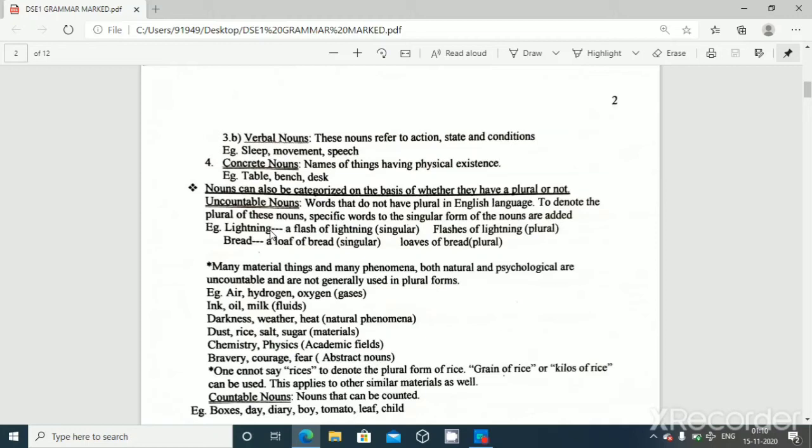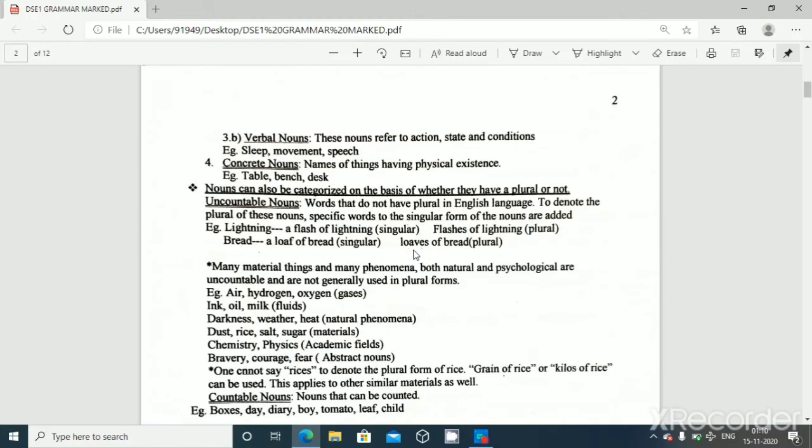Okay, yes. Then talk about bread. Sometimes we get sliced bread in a packet, but still we never say breads. One is a loaf of bread. If you take two or three pieces, then you can refer to them in plural form as loaves.